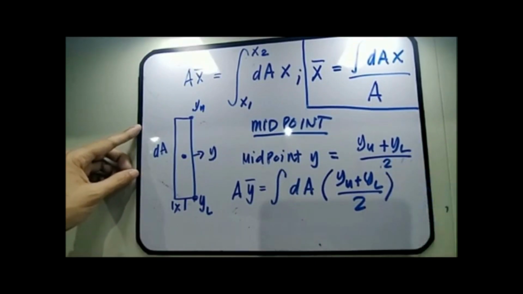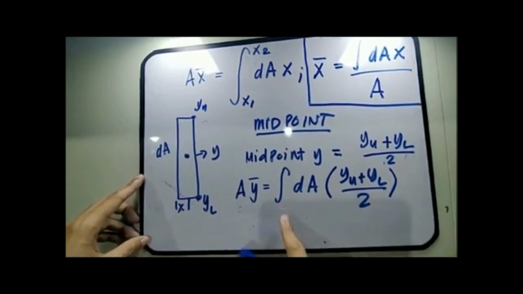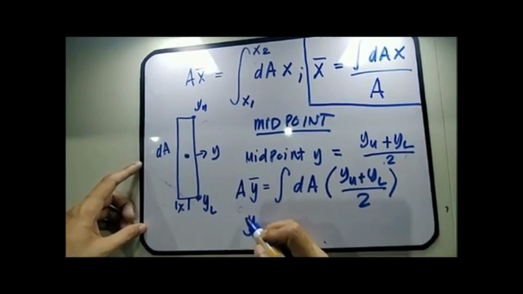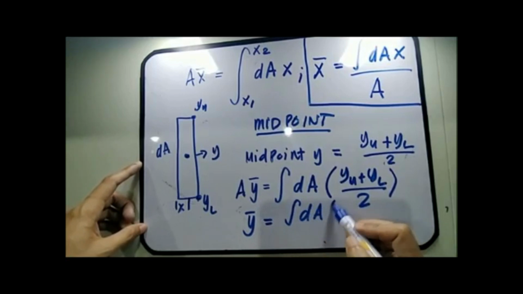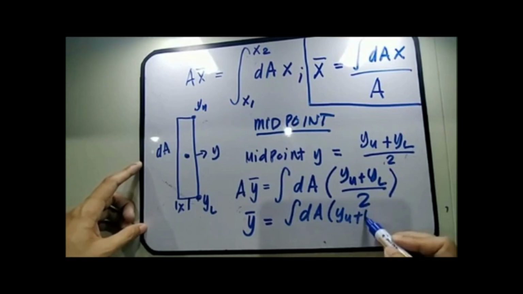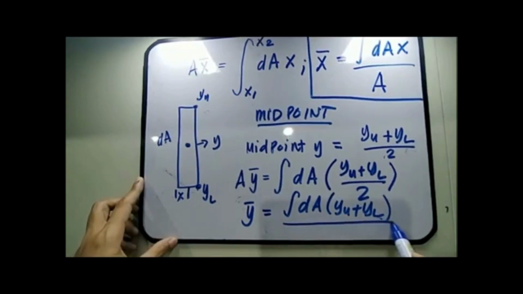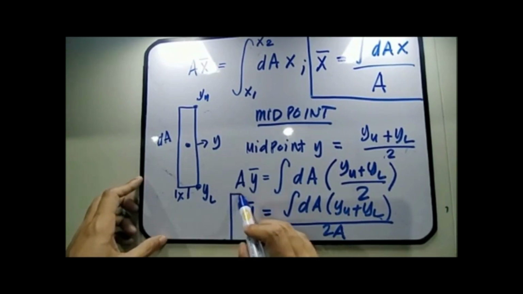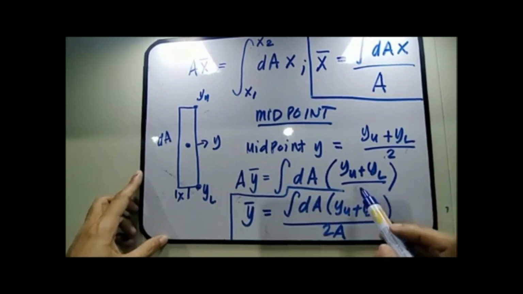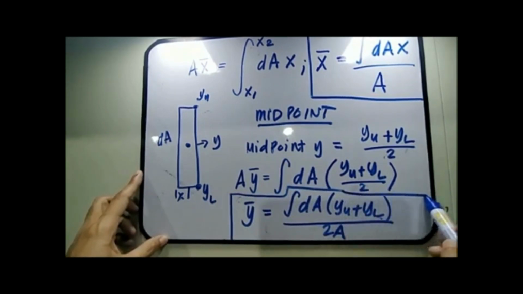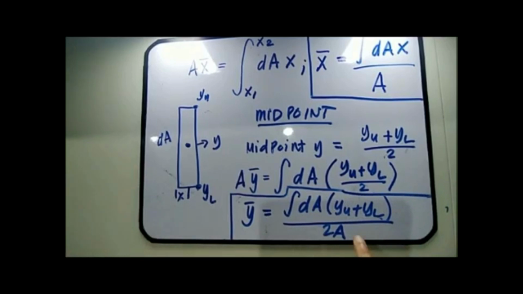So, hindi siya na-mention in any reviewer. So, basta lang nilagay na y over 2. But here, it is y upper plus y lower all over 2. So, to further simplify, we have here y bar is just equal to the integral of differential of A times the quantity y upper plus y lower all over 2A. So, this is our formulas.